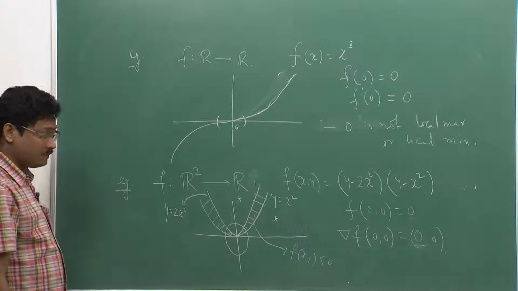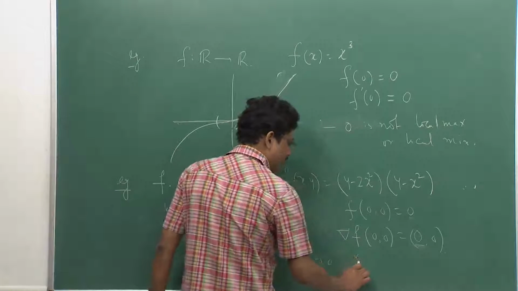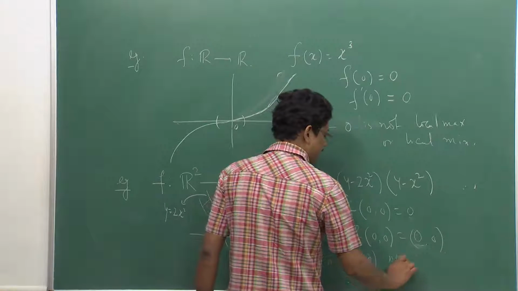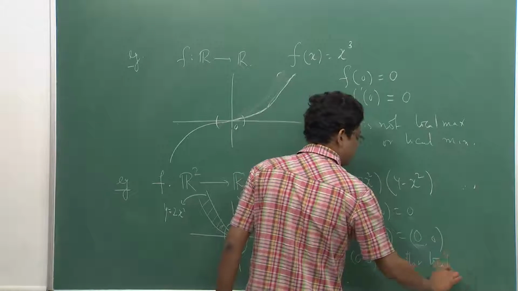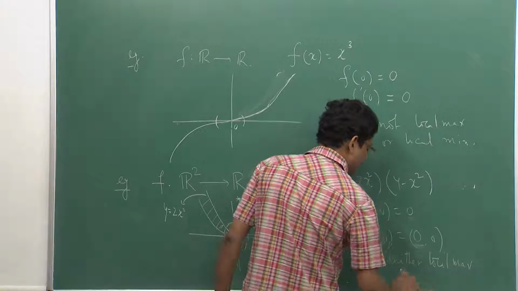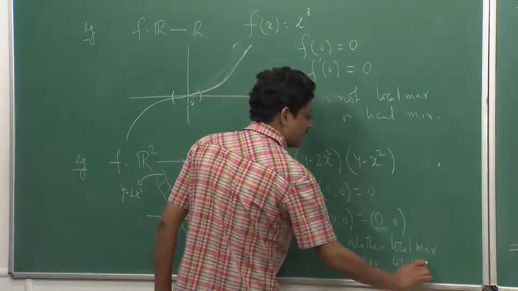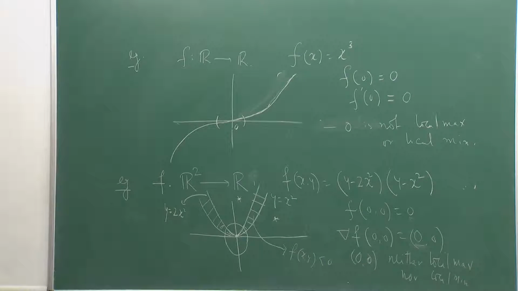So, that makes 0 0 neither a local maxima nor a local minimum, and such a point is usually called a saddle point.